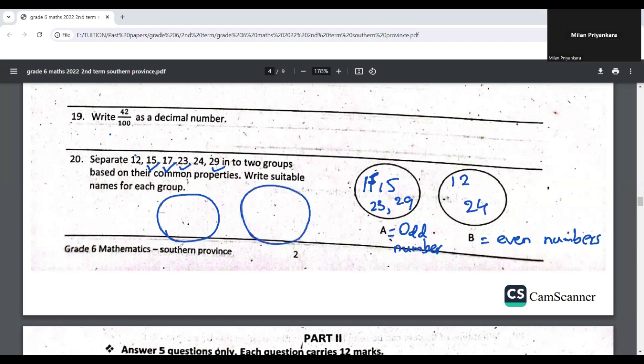So you can write it like this. You can write A as prime numbers also, and B composite numbers.